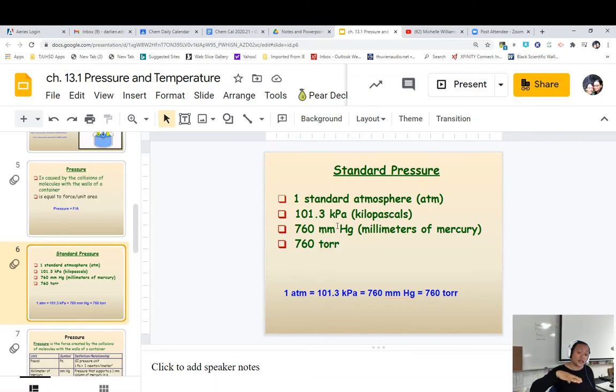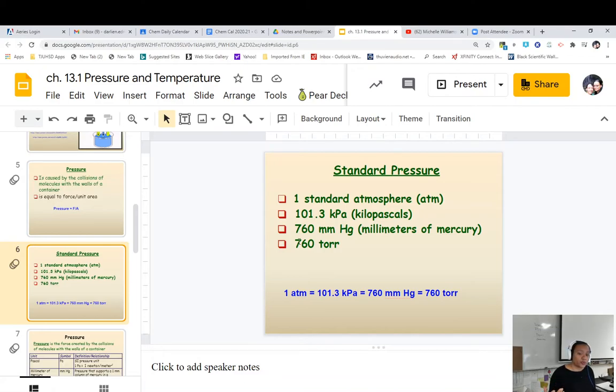At sea level, the pressure supports a column of mercury that is 760 millimeters high. And then we also had 760 torr. So down here, I wrote that they are equal to each other, which they are. So 1 atmosphere equals 101.3 kPa, which equals 760 millimeters of mercury, which equals 760 torr.